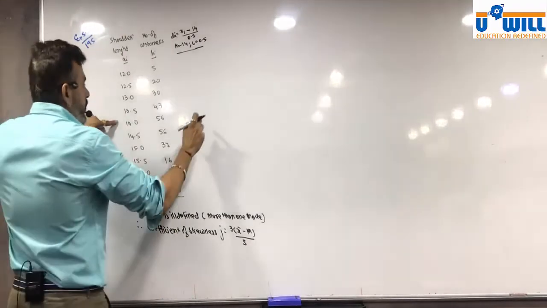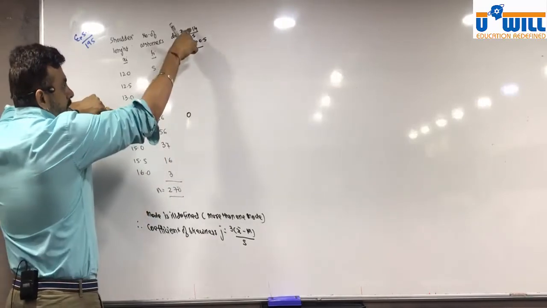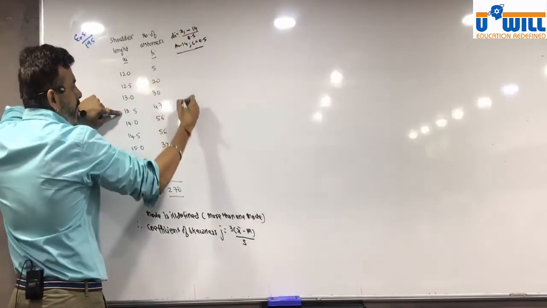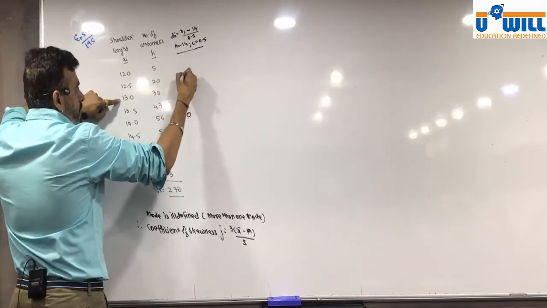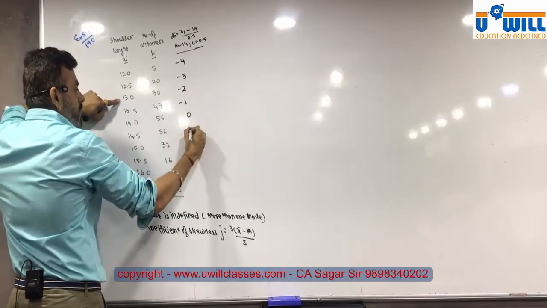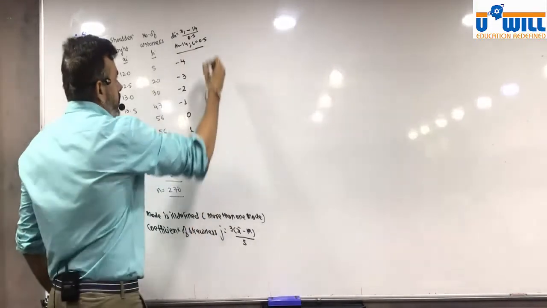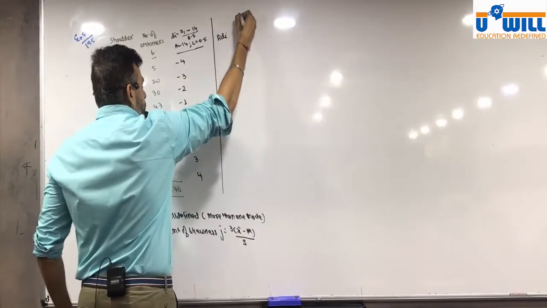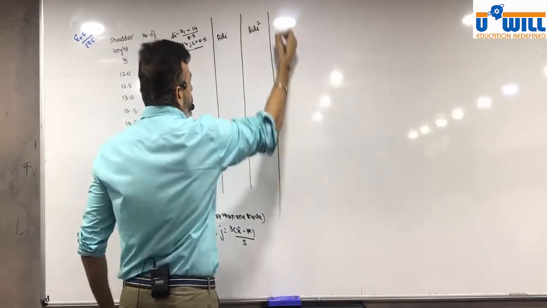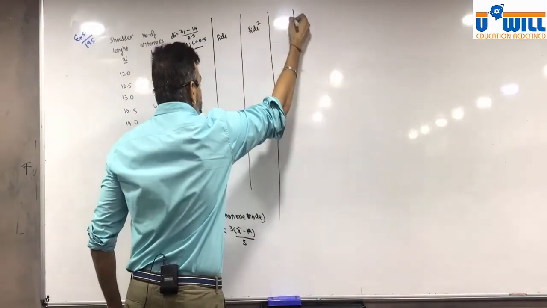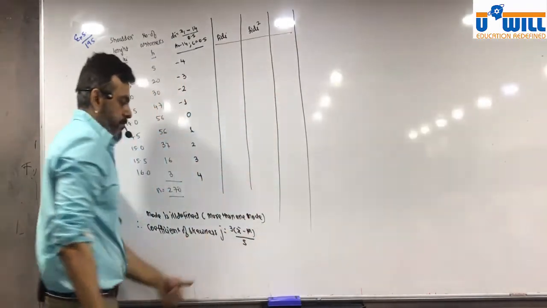Now you can start directly with 13.5 and 14. So 0.5, so directly minus 1. Then over here minus 2, minus 3, minus 4, and 1, 2, 3 and 4. Now fi di and then fi di square. And then we also need to find out c fi. Why c fi? Because of median.